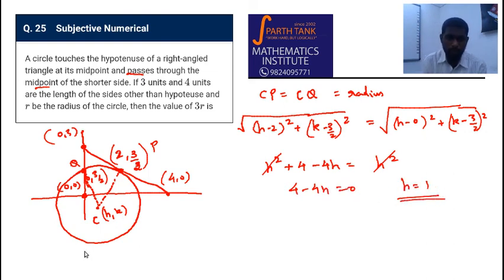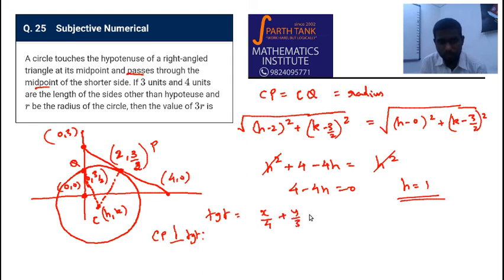So already I found one coordinate. It's left only to find the other coordinate. How can you find it? Many ways. One way is to say that CP is perpendicular to the tangent. The equation of the tangent is x by 4 plus y by 3 is 1.